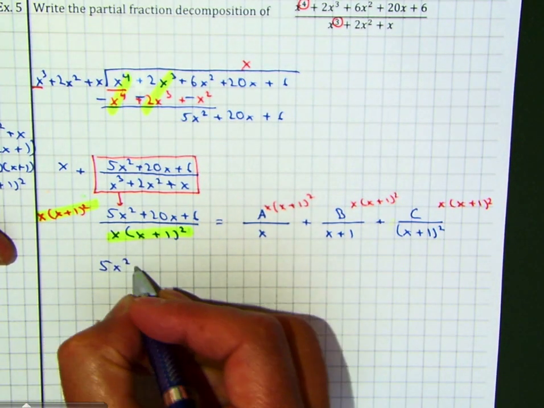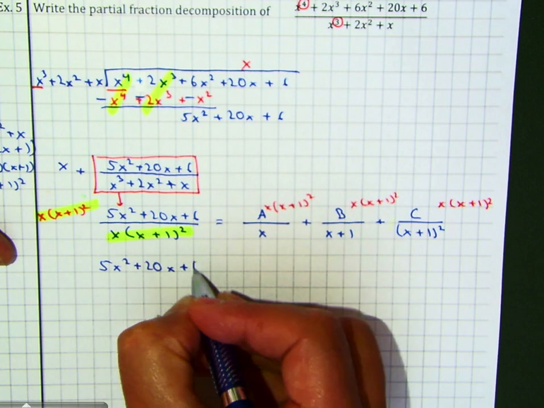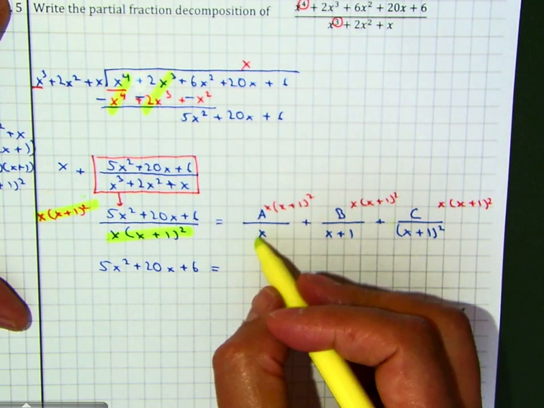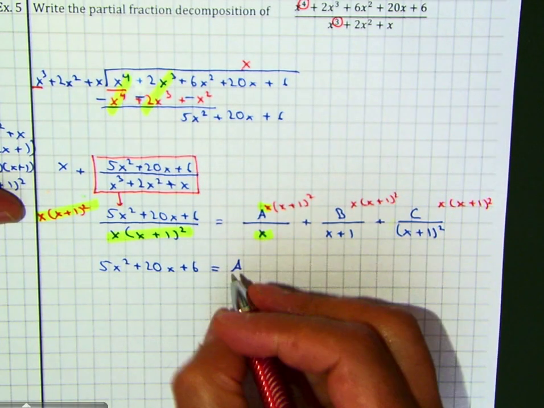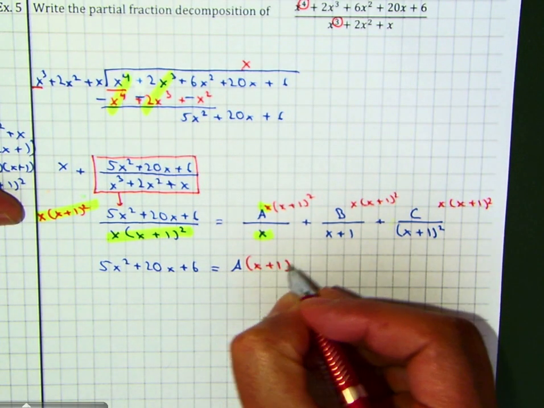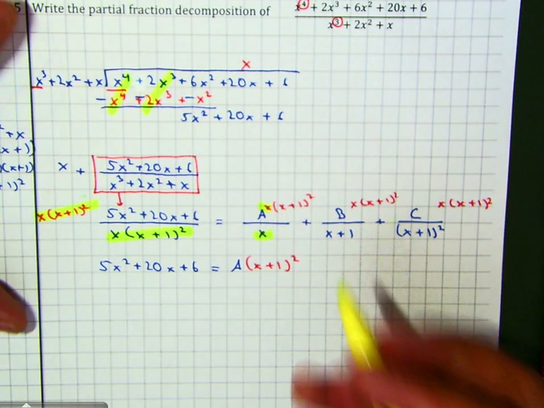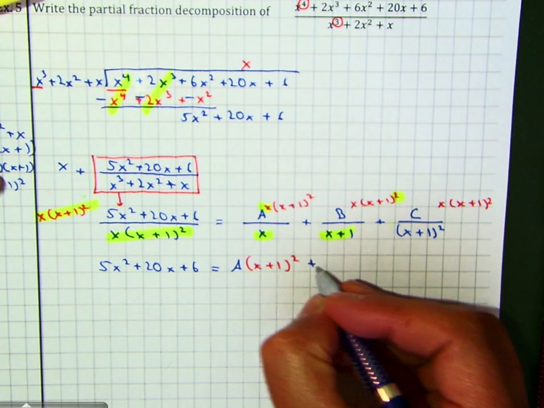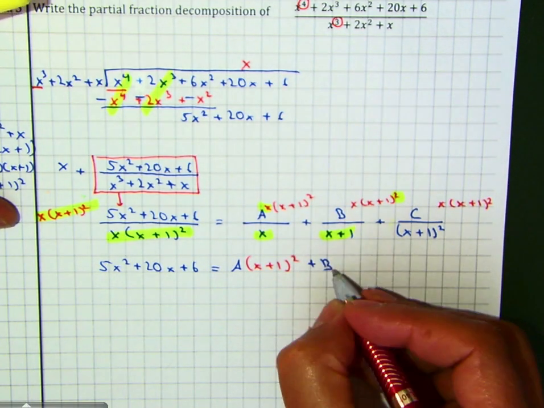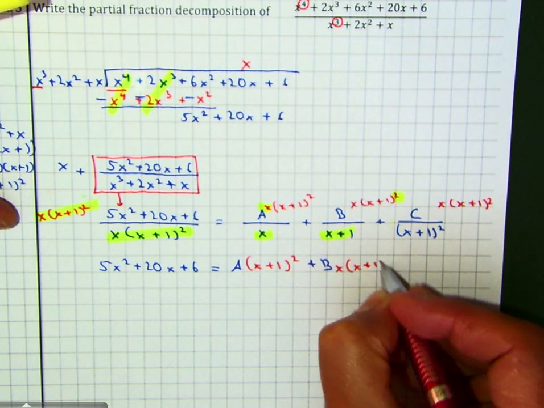5x squared plus 20x plus 6 equals. My x cancels out. So therefore I have a times x plus 1 squared. My x plus 1 cancels out, only one of them. So therefore I have plus b times x plus 1.